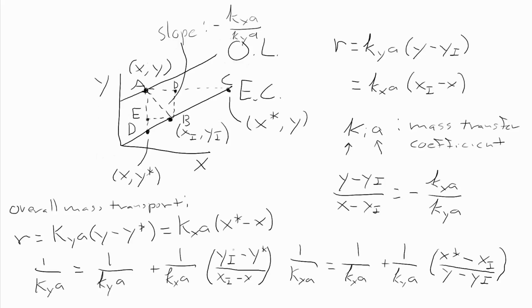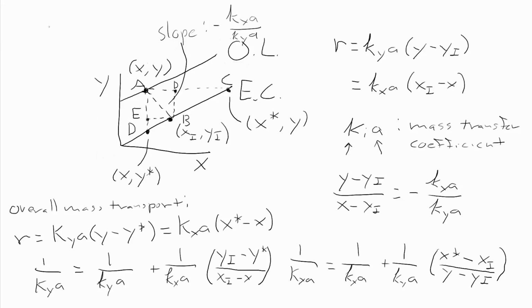Okay, let's look now at these equations down here in terms of these points. Let's think first about this yi minus y star. yi here, y star here. So yi minus y star is simply going to become the length of the line segment ED. All right?